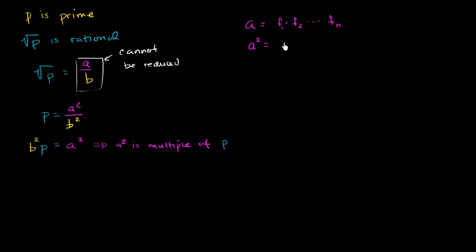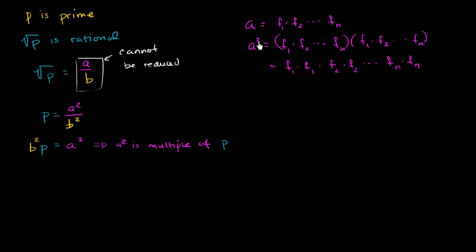Its prime factorization is going to be f1 times f2 all the way to fn, and then that times f1 times f2 times all the way to fn, or I could rearrange them if I want. f1 times f1 times f2 times f2 all the way to fn times fn.